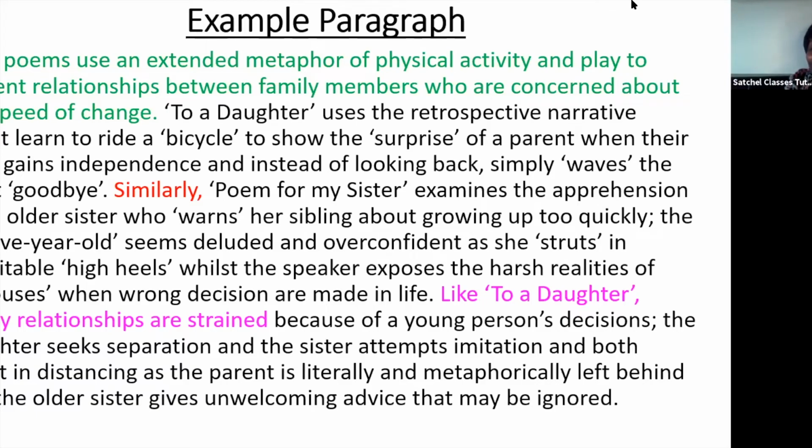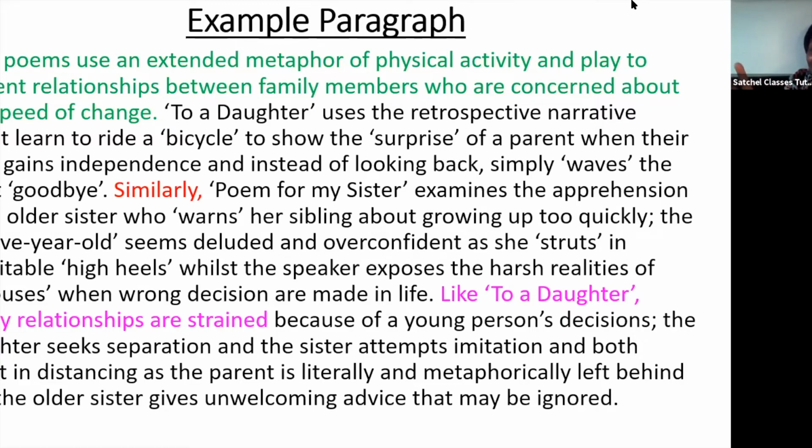So you've got the comparison at the end. You can see that one is about separation, the other is about imitation, but both result in distancing. One is literally left behind, metaphorically left behind, and the other one is just leaving behind the advice.